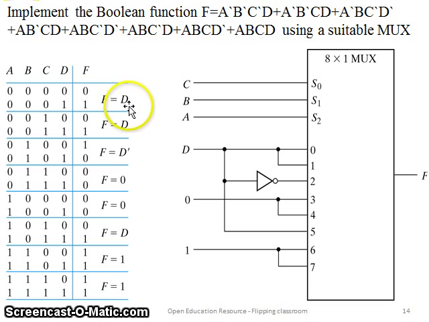For the first 2 combinations, f is D. For the second, f is again equal to D. But here it is complemented, so it is the complement of D. Here it is 0, 0. Here it is D, 1 and 1. By connecting the proper input lines 0, 1, 2 and so on to D, its complement, or 0 or 1, f can be the given logical expression.